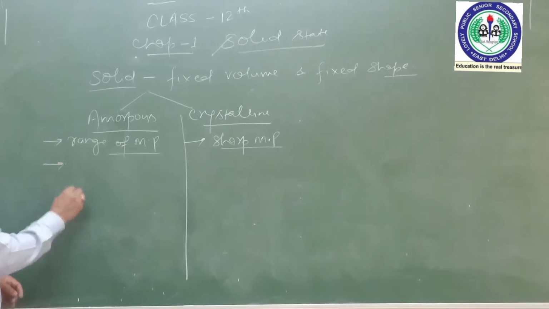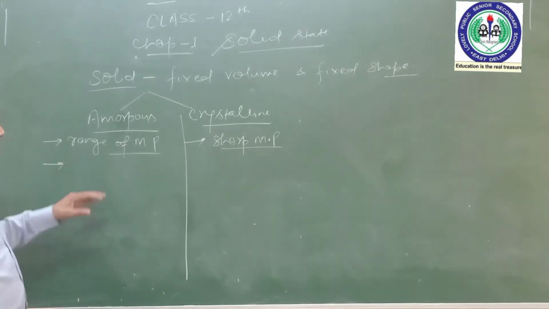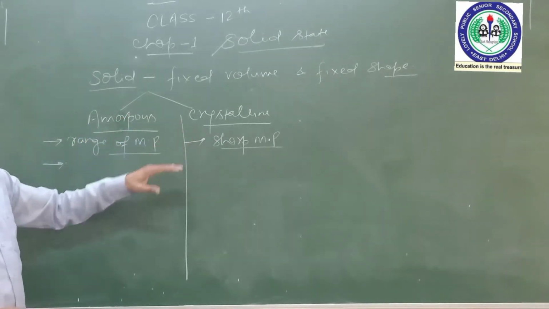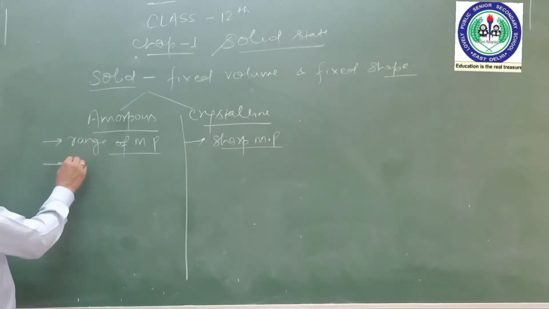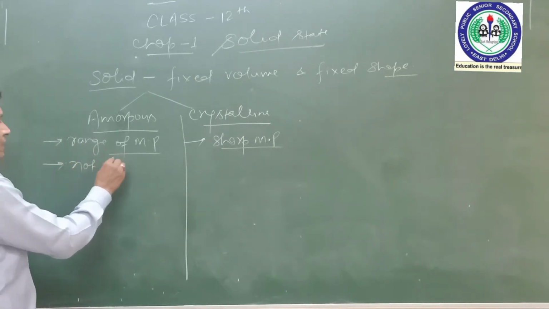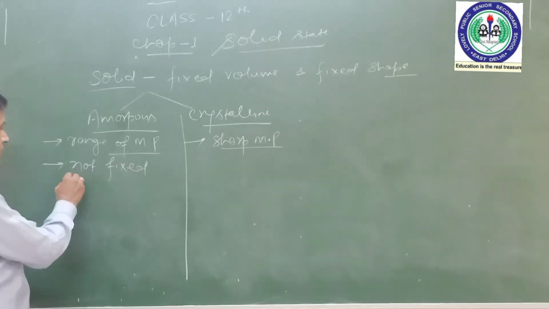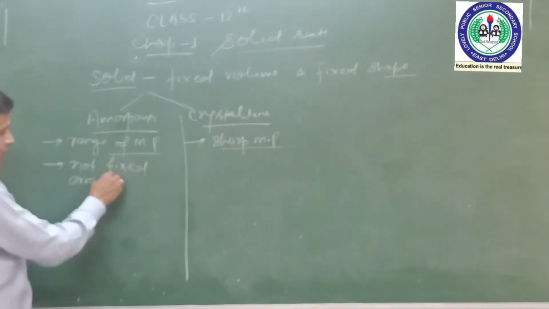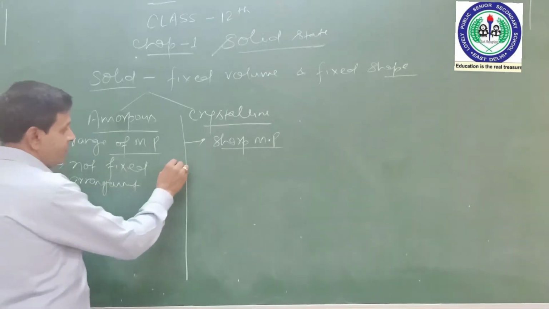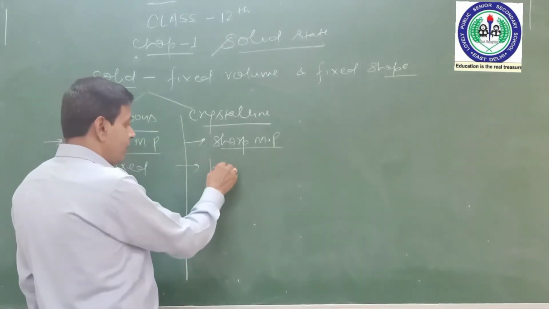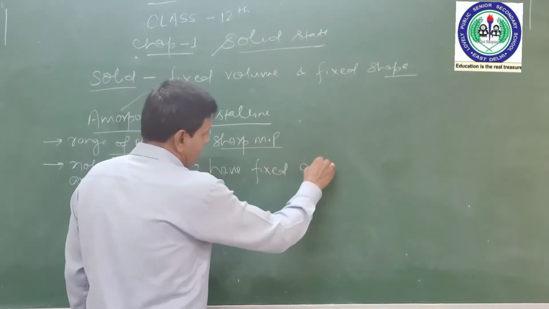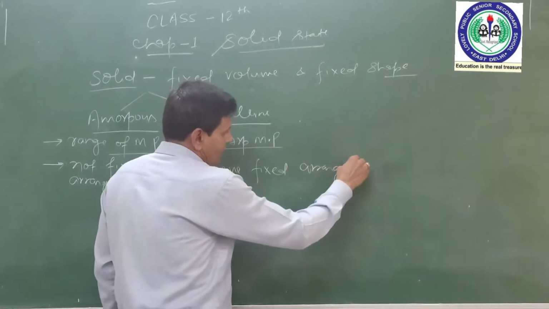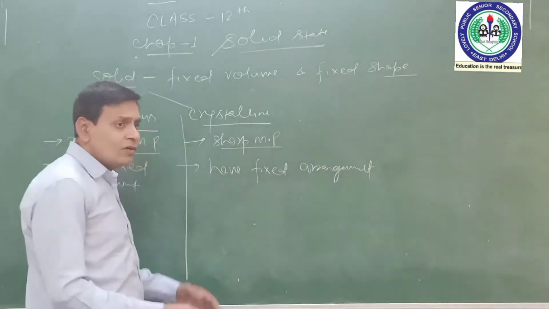What is the second point through which we can identify the amorphous and crystalline solid? Amorphous solid has no fixed arrangement, but crystalline solid has a fixed arrangement. What is the meaning of the fixed arrangement?